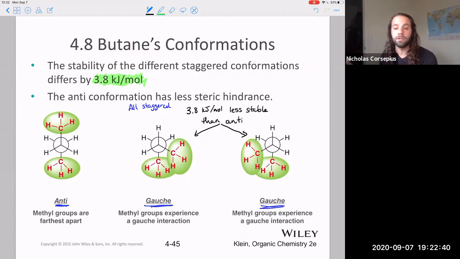So even though these are all staggered, staggered's good, right? That's step 1 in this whole thing. Eclipsed bad, staggered good. But now we have this other fact that if there's this gauche staggered conformation, that also comes with a bit of a penalty of 3.8 kilojoules per mole.